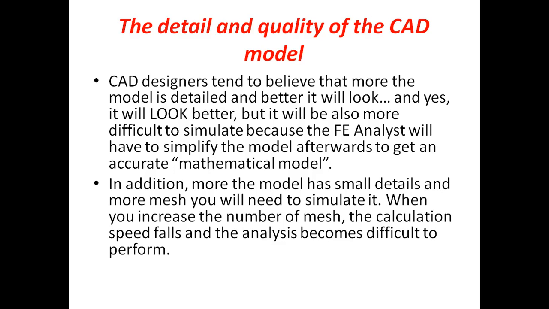It means you cannot mesh, or you cannot divide this whole part into finite elements for analysis purposes. For this, you require a quality CAD model, meaning there will be no geometric losses during the conversion of the CATIA model into the ANSYS model.